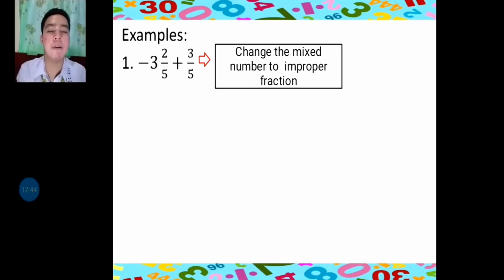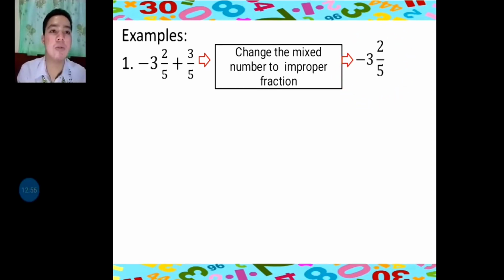When we say improper fraction, the numerator is greater than the denominator. Negative 3 and 2 over 5, to change it to an improper fraction, you have to multiply the denominator by the whole number. So 5 times negative 3 is negative 15.